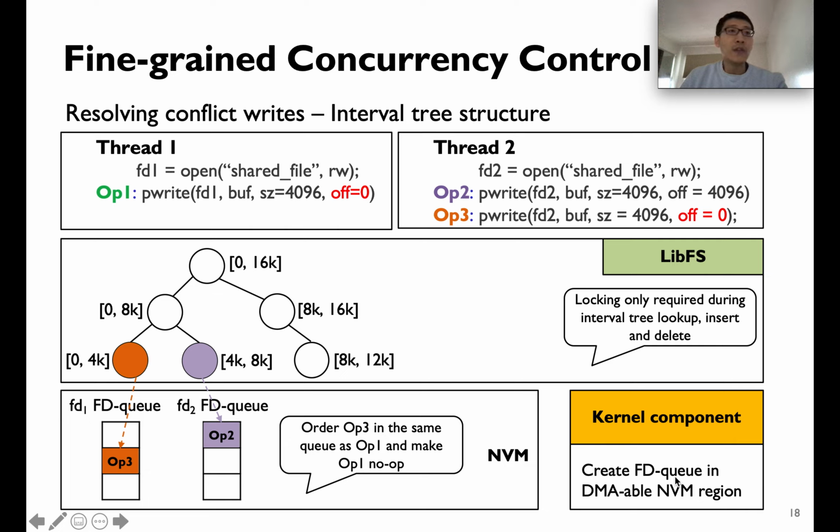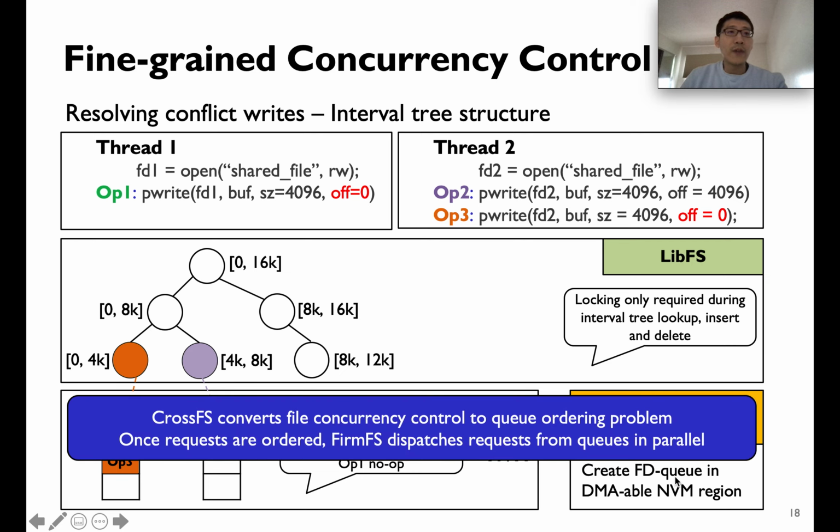By using the interval tree structure, the lock is only required in the interval tree operation, so the critical section is really short in CrossFS compared with the inode level lock. CrossFS converts file concurrency control to a queue ordering problem. Once the I/O requests are ordered, the firmware FS dispatches requests from queues in parallel.